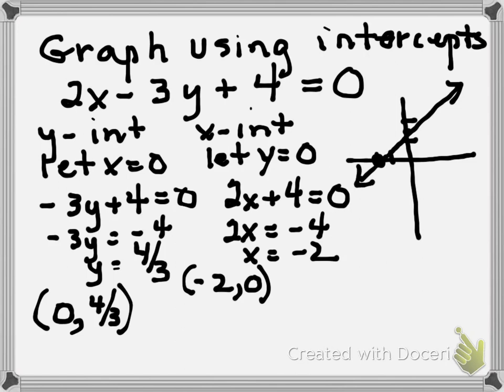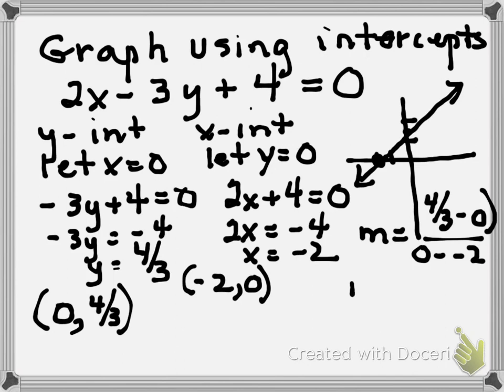So what's the equation of this line if I was to take it a little bit further? I'd have the slope is equal to, let me use these 2 points here. I have the change in y, 4/3 minus 0, and the change in x, 0 minus a negative 2. So I have the slope is equal to 4/3 in the numerator and a positive 2 in the denominator.